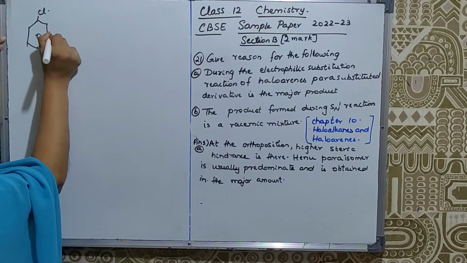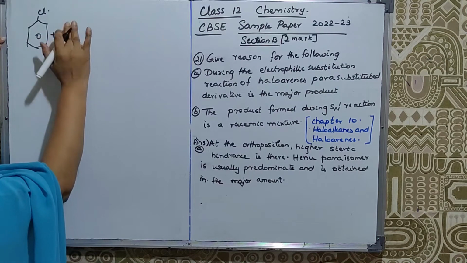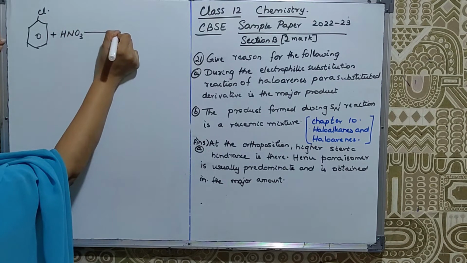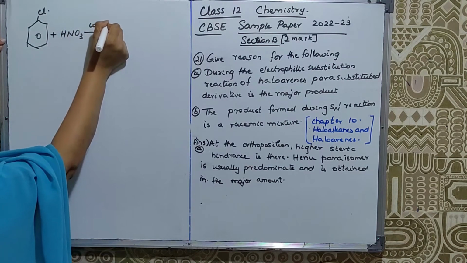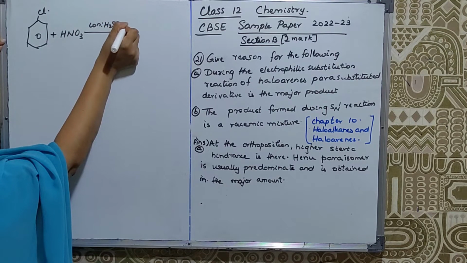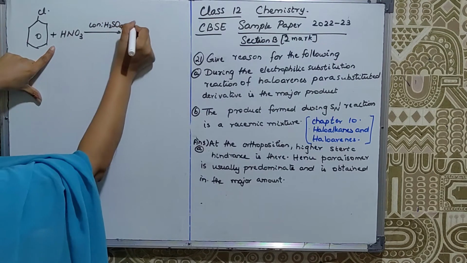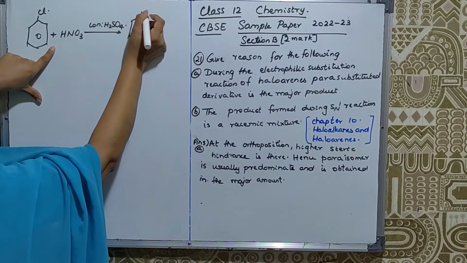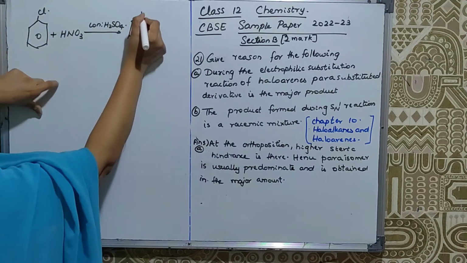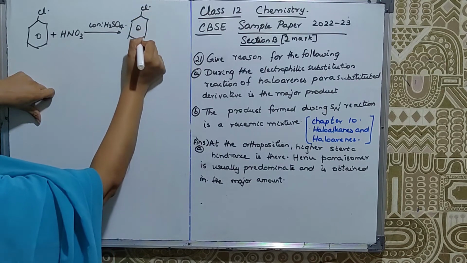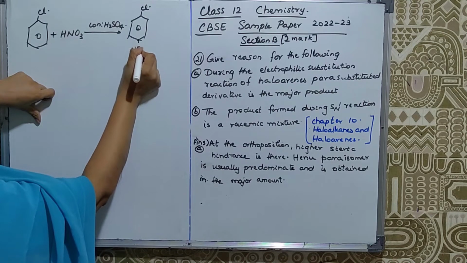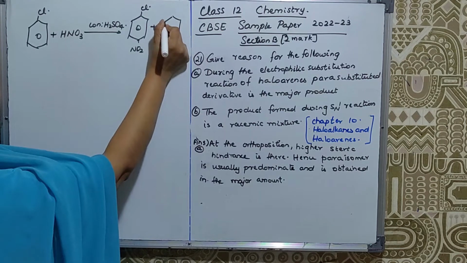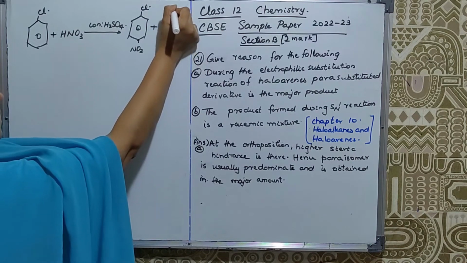Chlorobenzene on nitration, that means reaction with nitric acid in the presence of concentrated sulfuric acid, will give para-nitrochlorobenzene as the major product and ortho-nitrochlorobenzene as the minor product.